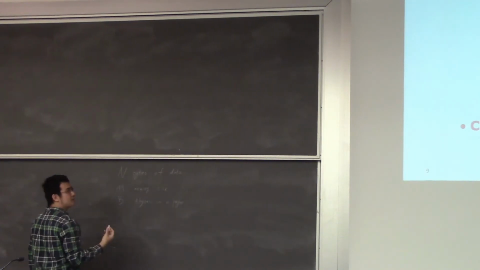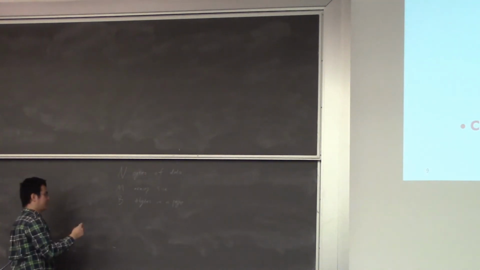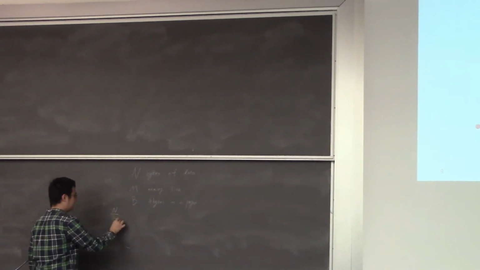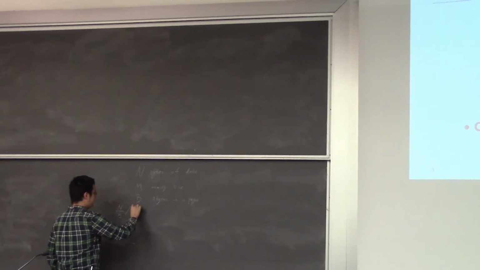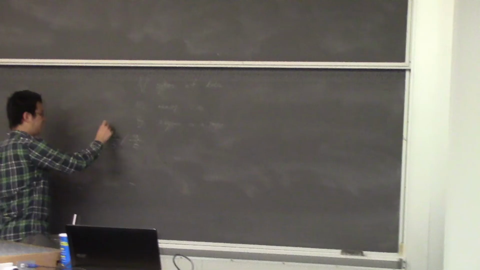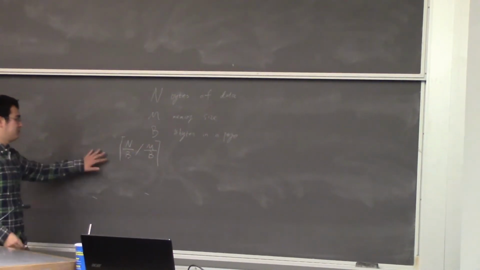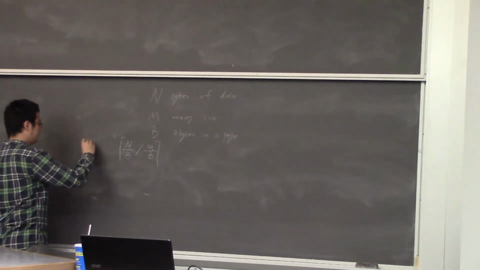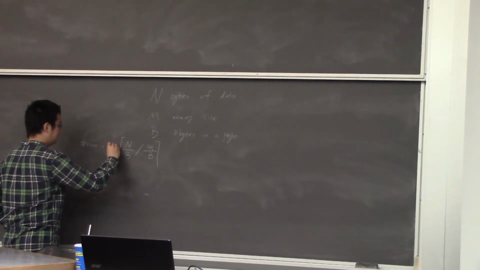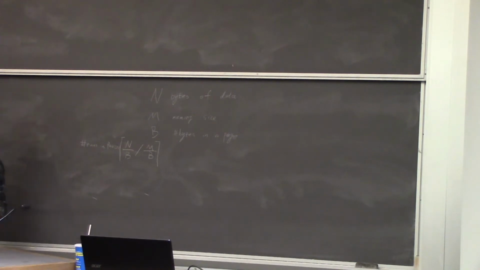This way, how many runs are you going to end up with? It's N over B, the total number of pages, and each run consists of up to M over B pages. You take the ceiling of it. That's the number of runs in pass 0.